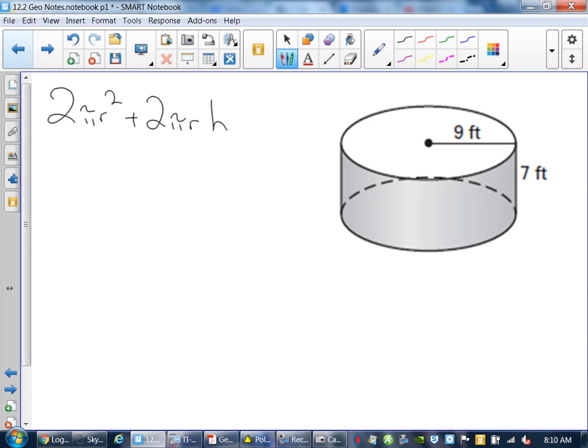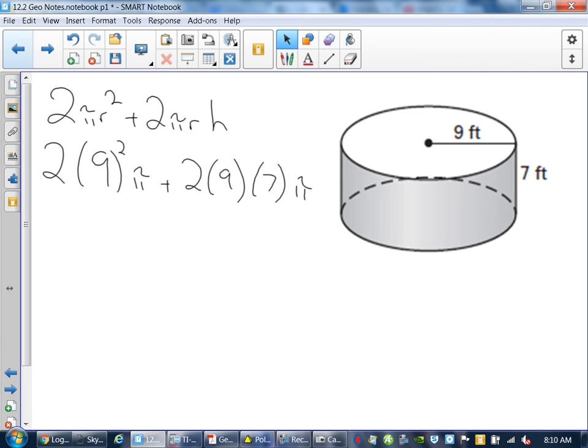What's your radius? 9. So to start putting it together, you have 9 squared pi plus 2 times 9. How far apart are they? 7, and a pi again. Now, in your calculators, you can type it exactly like that, parentheses and exponents and all that, and it will give you your answer in terms of pi.